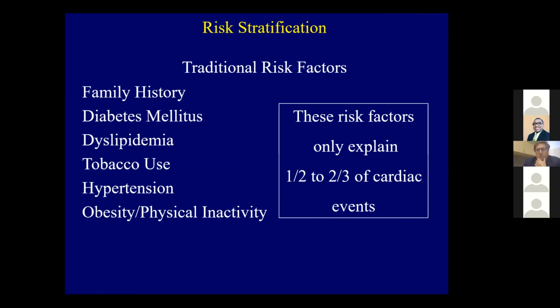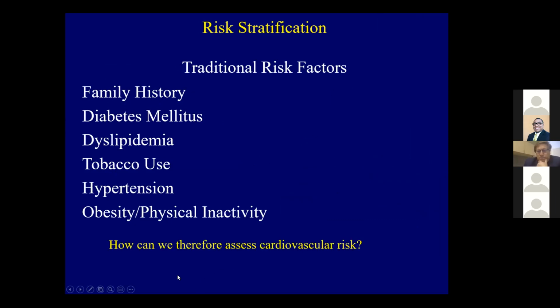These risk factors explain only about 1/2 to 2/3 of cardiac events. So they are not covering all of the potential risks to having an acute MI. So the question becomes, how can we assess cardiovascular risk?